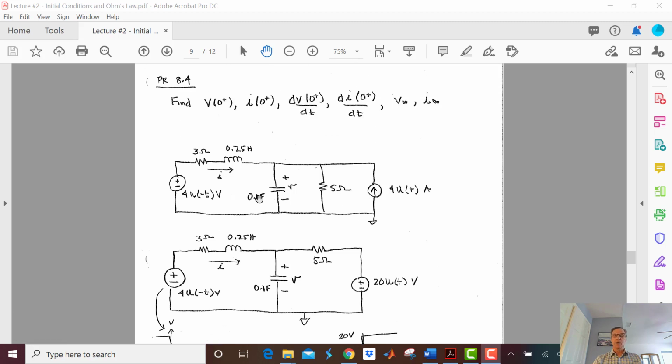And now I look over here and I see a current source of 4 times u of t amps, and it's in parallel with 5 ohms. So this goes back to my baseball analogy of seeing a big old hanging curveball in front of me. When I see a current source in parallel with a resistor, I immediately think, what does the Thevenin equivalent look like?